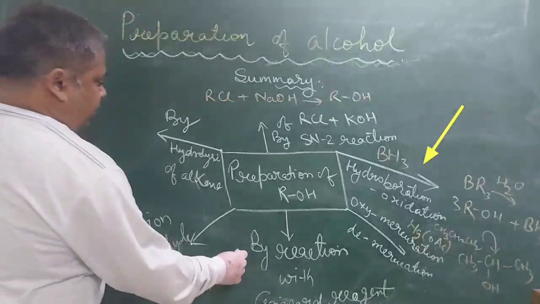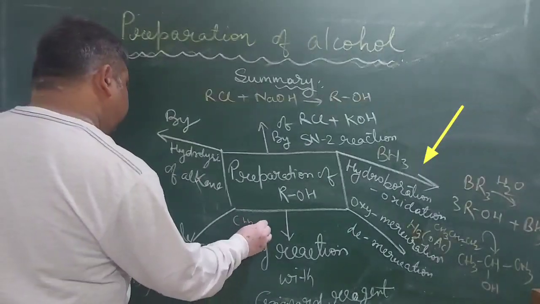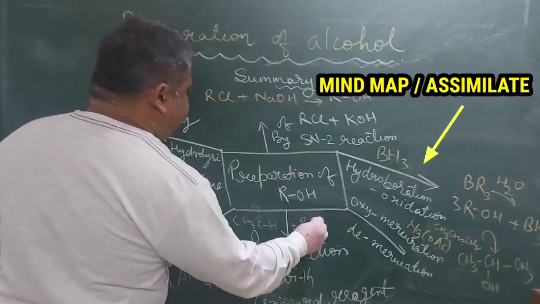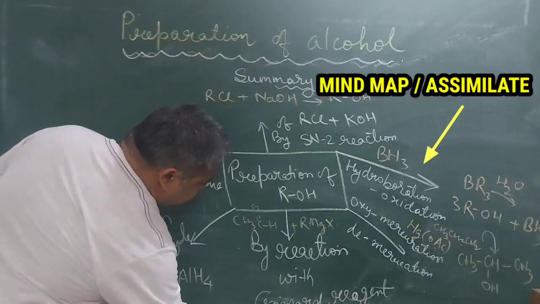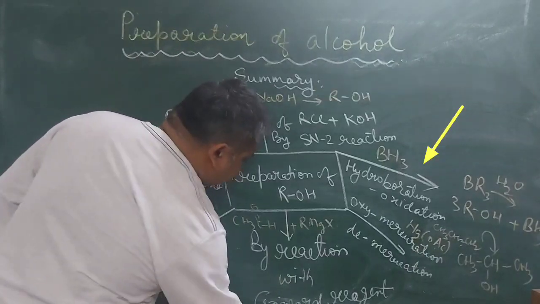With this what did we see? We saw that any aldehyde with RMgX can form alcohol.